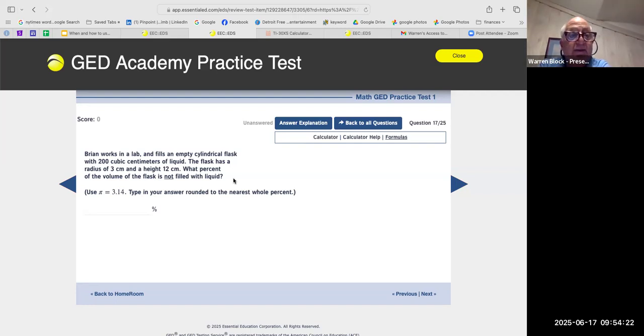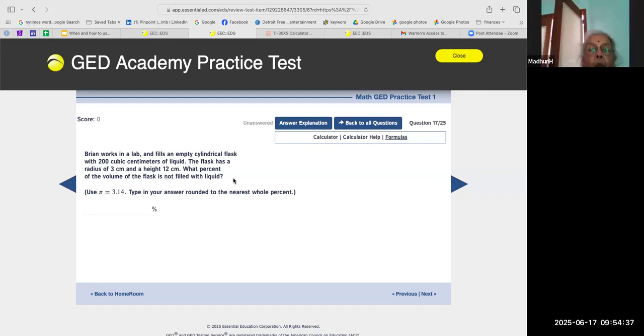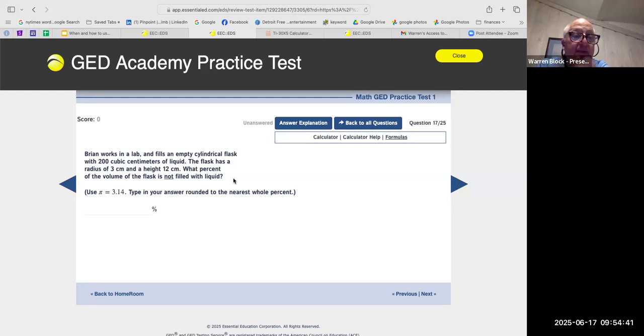So first, how much of the flask is used? So we have to do pi r squared h. So pi times 3 squared times 12, the h. The 3 is squared, so 9 times 12 is 108, times pi.